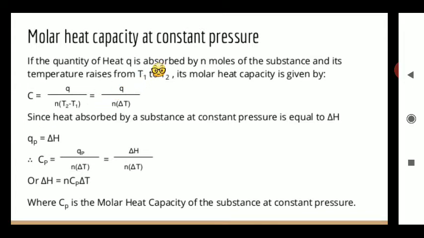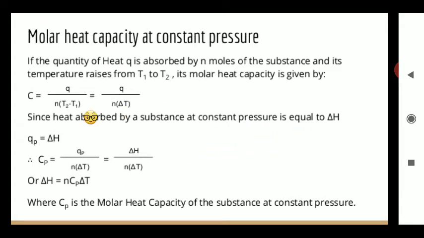Now we are looking at how this molar heat capacity can be expressed further. During the measurement of heat capacity, we have to take one container or vessel. In this vessel, whenever we place the substance, the pressure may be constant, or the volume may be constant.